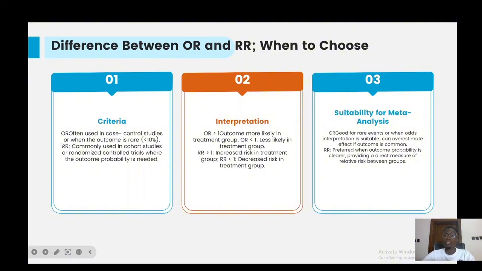Understanding the risk of developing one thing or another from exposure to something is really very important, and that's where it differs from the odds ratio. Okay, and the same thing actually applies when you want to interpret.